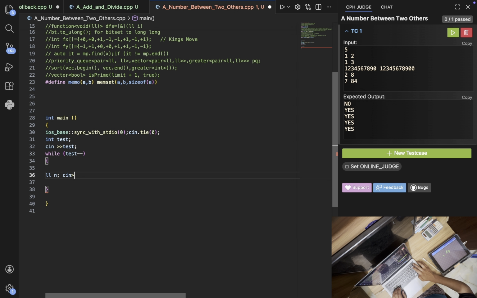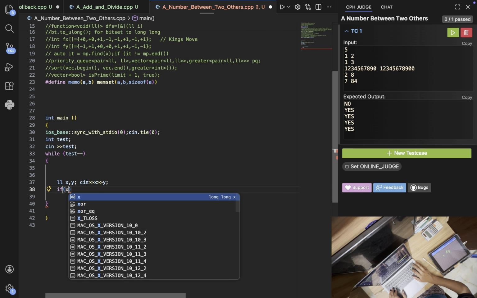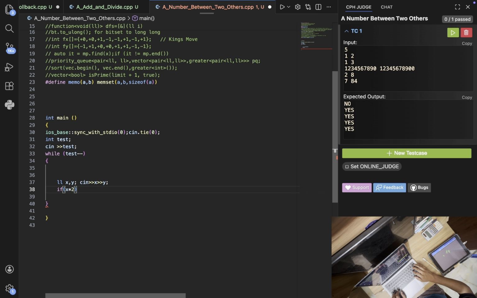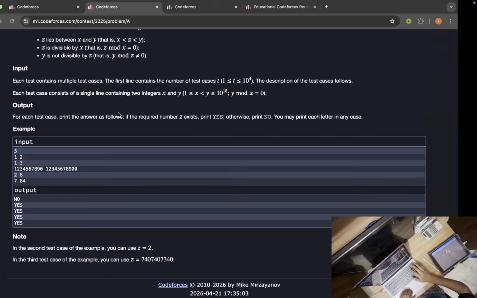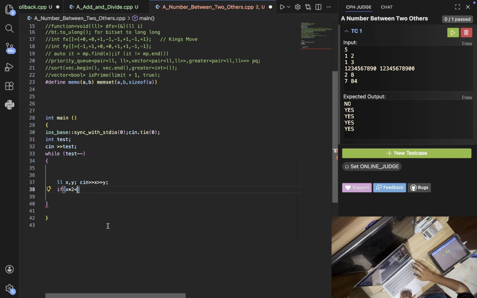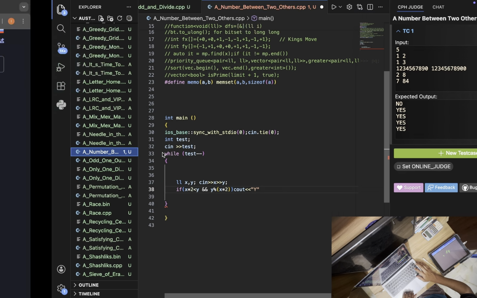What is that? You're between, less than y, and y mod x.